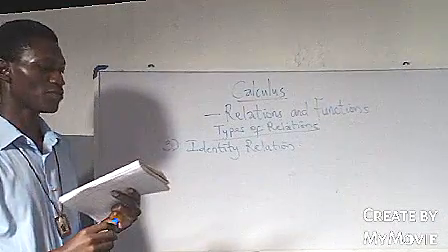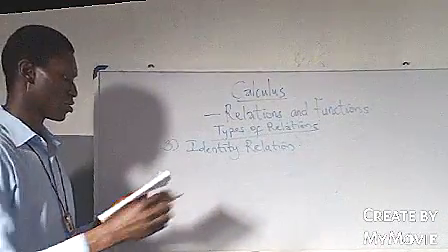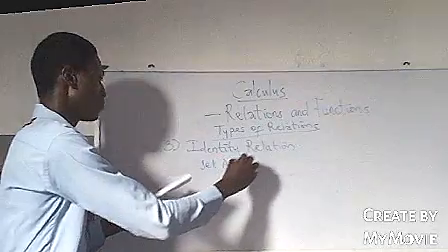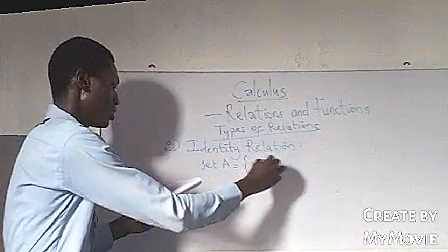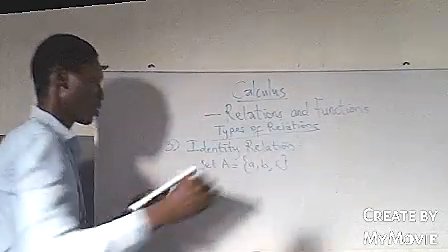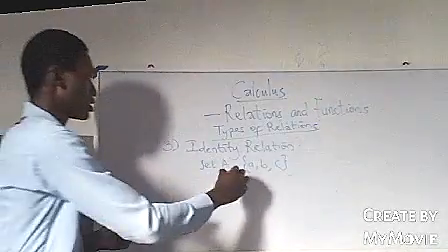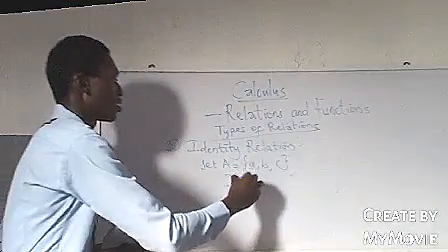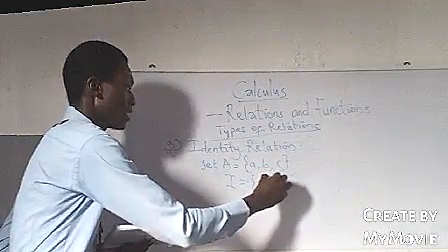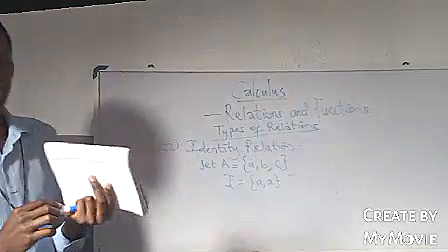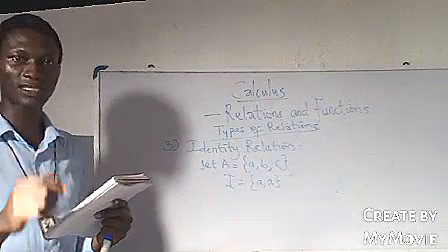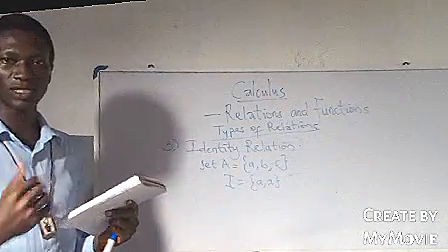So, for example, we have our set A. If it's A, B, and C, the identity relation that is represented by I will be A and A. Remember, we said the identity relation is whereby every member of the set is related to itself.